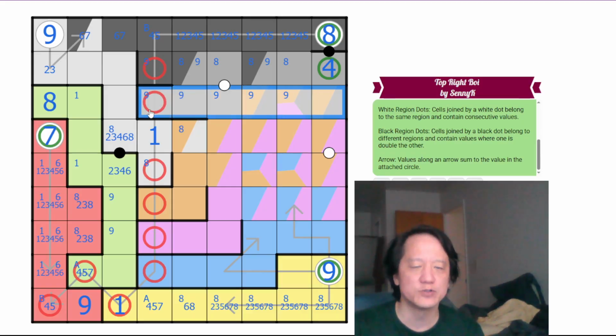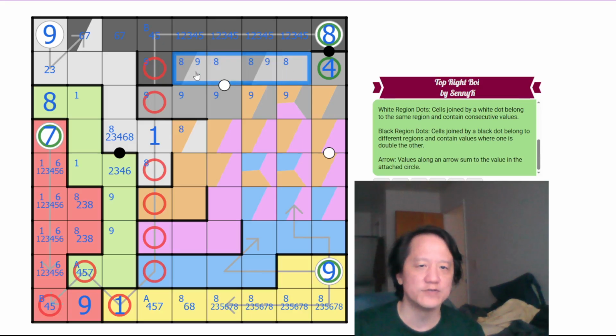This is the bottommost row here for the medium region. So 8 has to be one of these 4 here, which eliminates 8 from being any of these cells here. So for light, you can't have 8 in any of these cells.